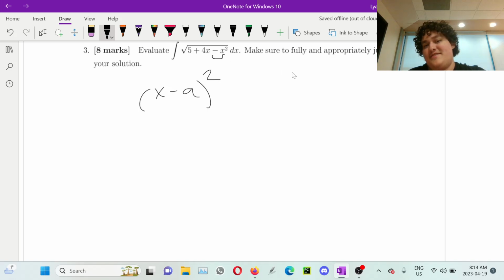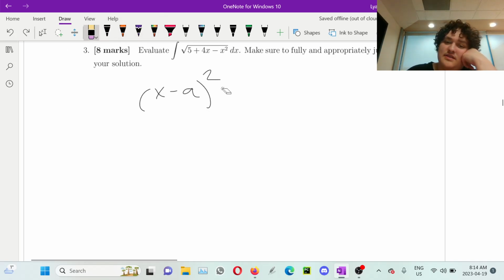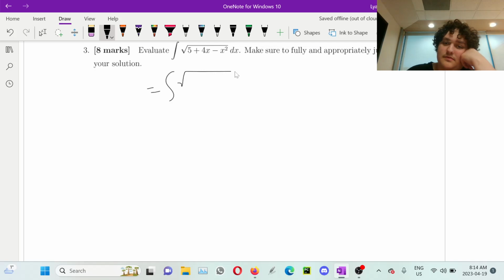There's a minus here, which is kind of throwing me off. Okay, I guess I can take out the minus, just factor it out to start with. Then I get x squared minus 4x minus 5.